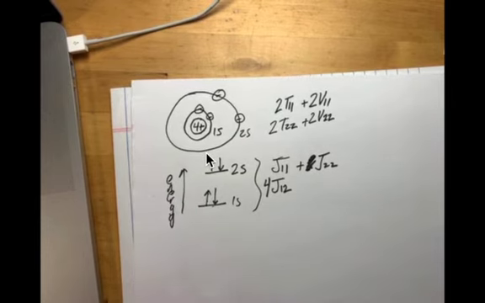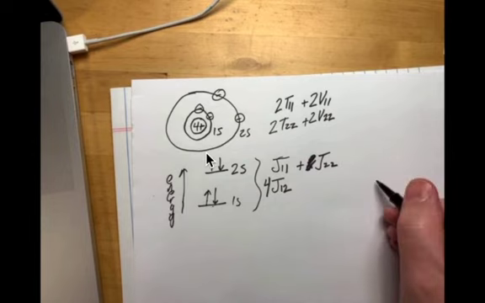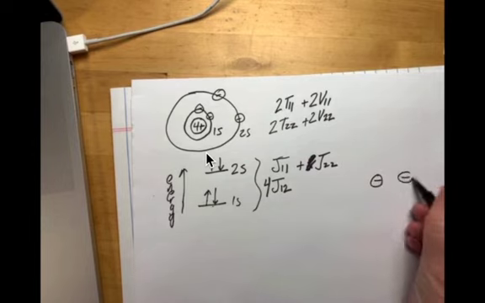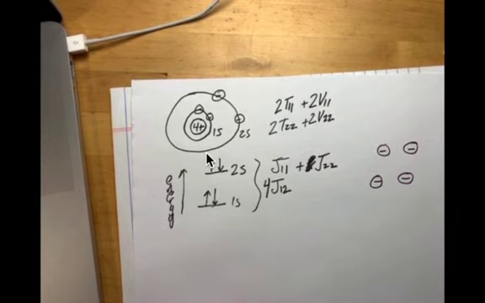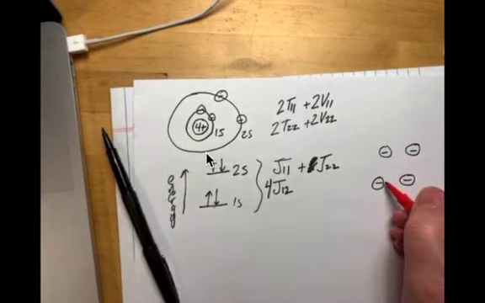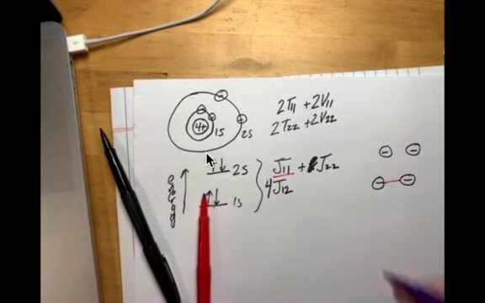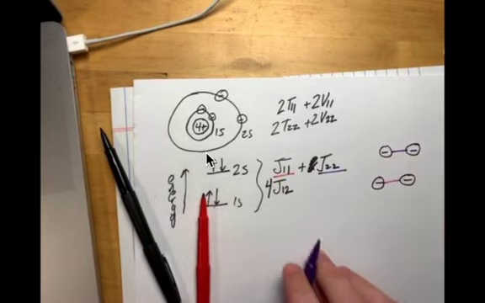Anytime you want to count interactions between electrons, you can do it this way. So you can kind of draw them out. So my four electrons are there. This being my 2s, this being my 1s. I have my J11. I have my J22.